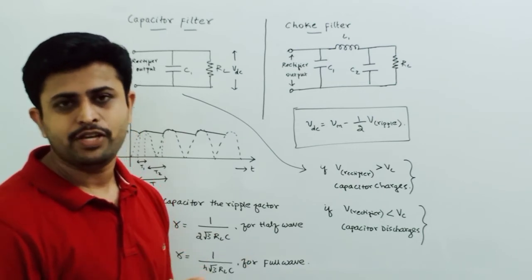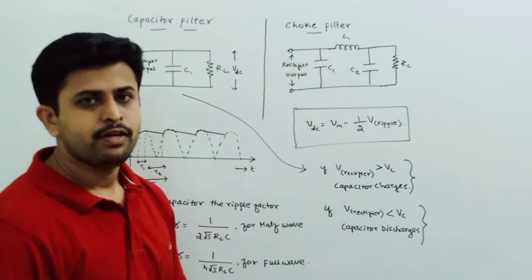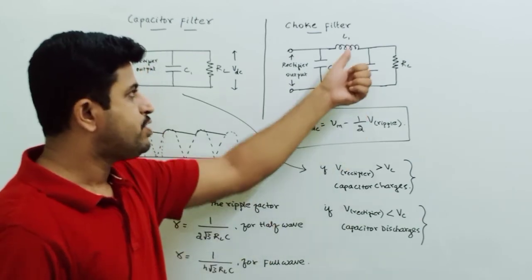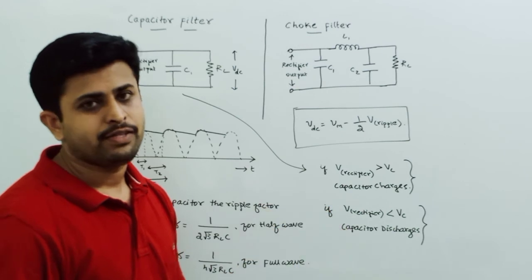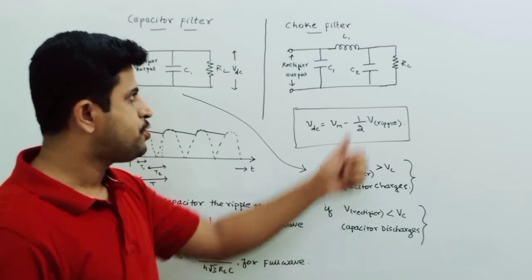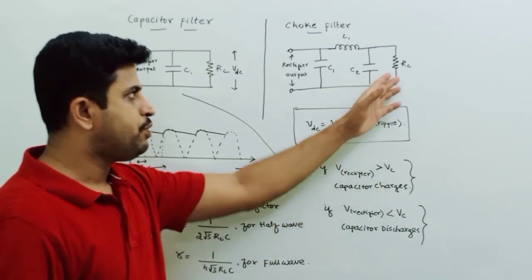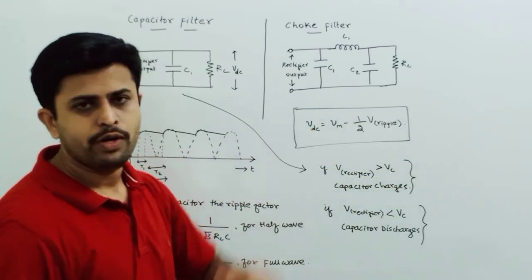So any sudden changes or fluctuations will be opposed by this inductor, which in turn reduces the ripple and gives a ripple reduced voltage to C2, which will further reduce the ripples and give a constant DC output voltage across the load resistance.